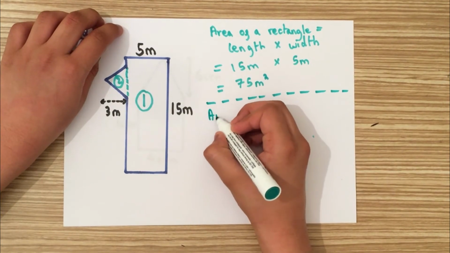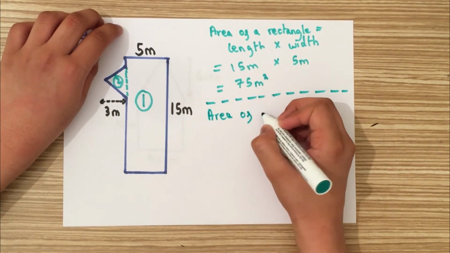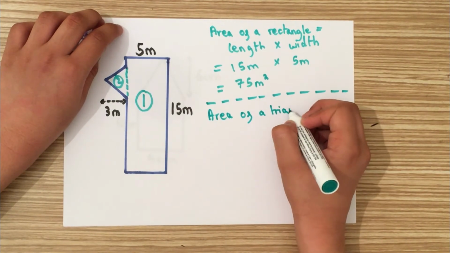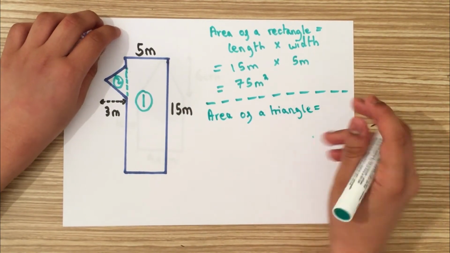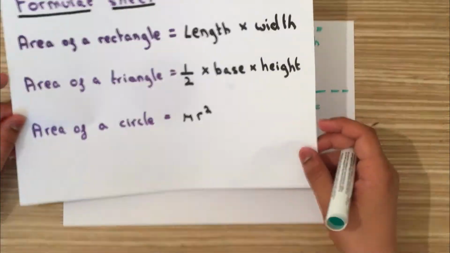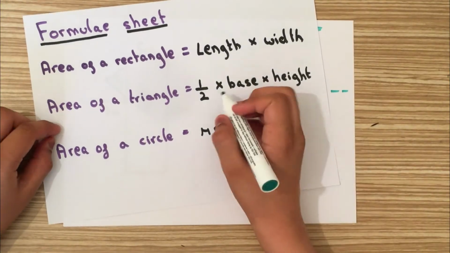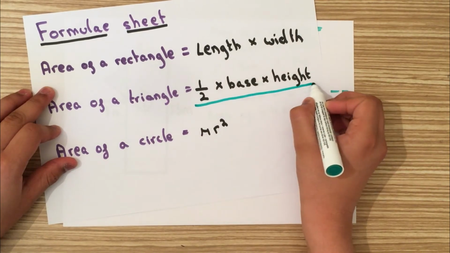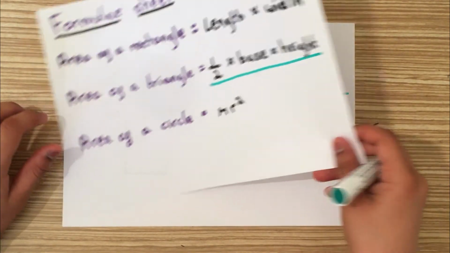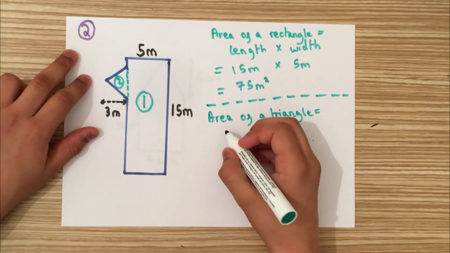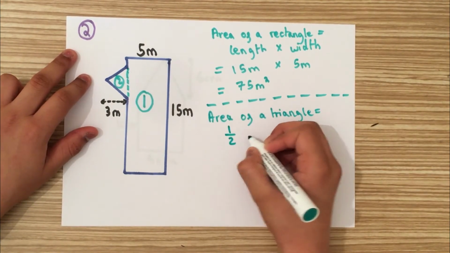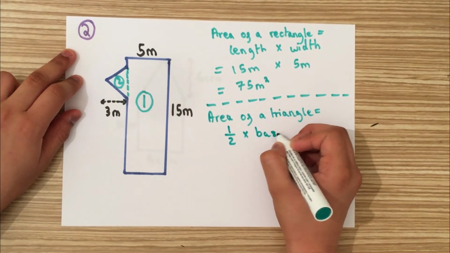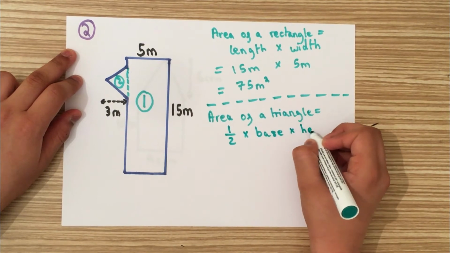Now the area of a triangle is equal to, as we saw in our formula sheet, half times base times height.